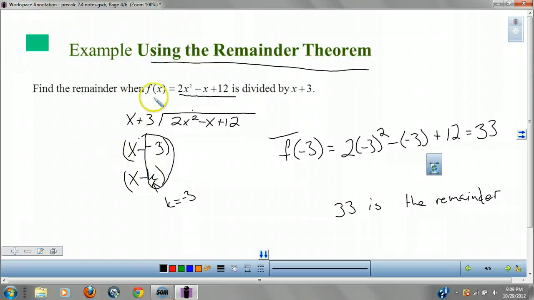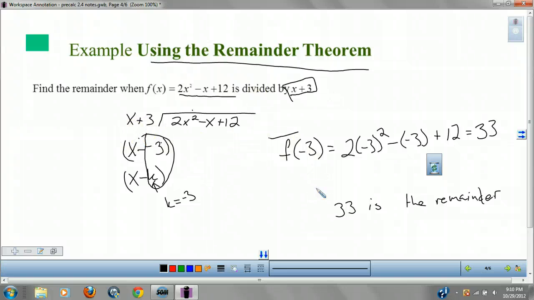Because if you look over here, whenever you're dividing by just an x plus or minus a number, a constant, and you're dividing a polynomial, you're always going to get a number out. That's not the same as if that's x squared, you're dividing by that. Sometimes you get an x for remainder. So this only works if you're dividing by x minus k. Okay? Don't try it with any other ones. It only works with x minus k.